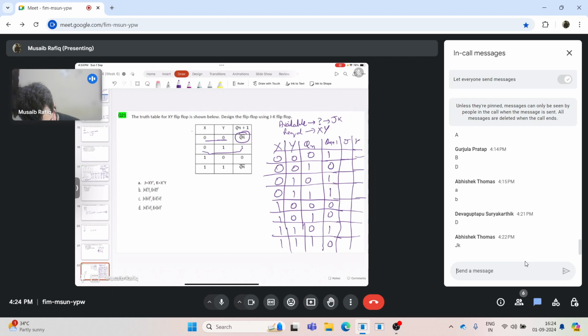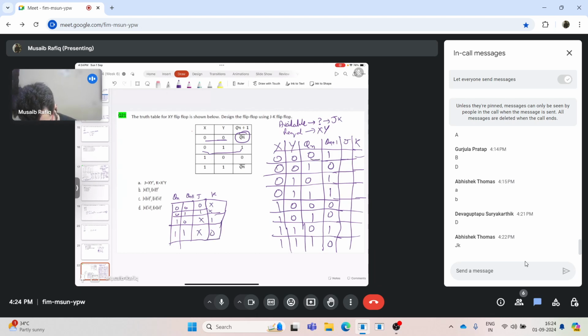Now we need to write the excitation table for JK. So the excitation table of JK, let me just draw here as well. Qn, Qn plus 1, J K: 0 0, 0 1, 1 0, 1 1. It's 0 x, 1 x, x 1, x 0.